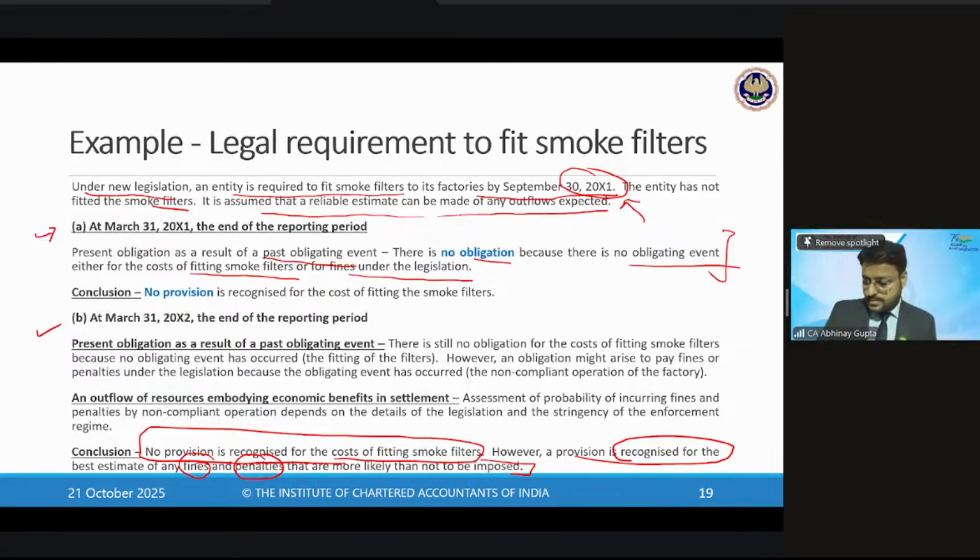Should we do this? No. No, of course not, right? So what will we do in this case? Best judgment estimation by management. We will see whether any such notices have been issued by the officers to other companies that have defaulted on this law.